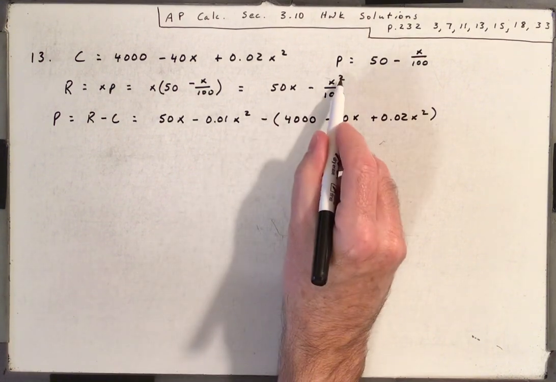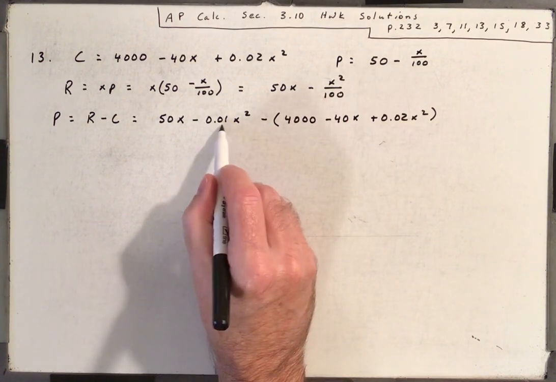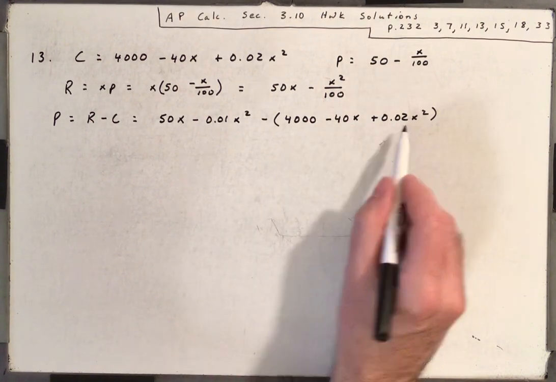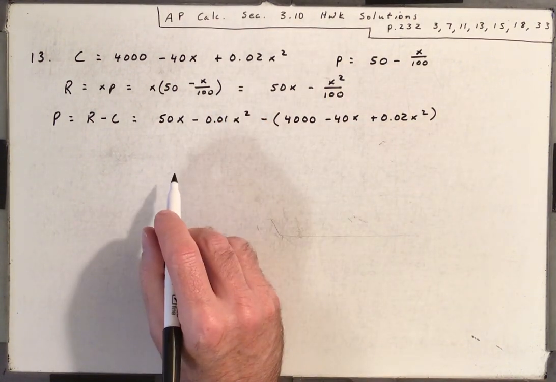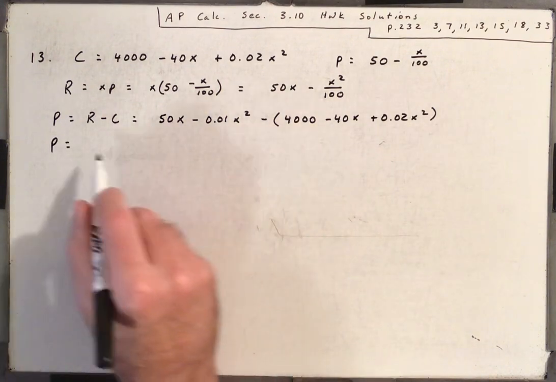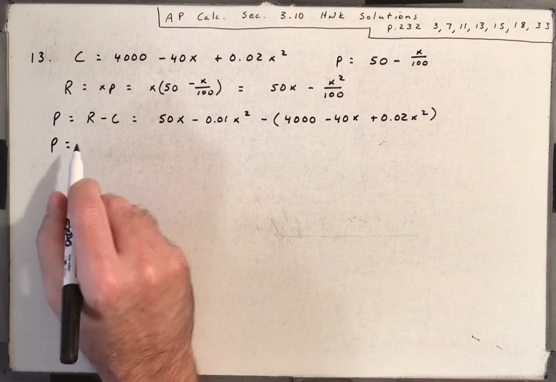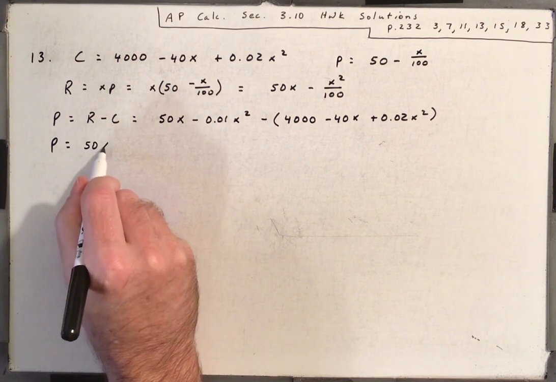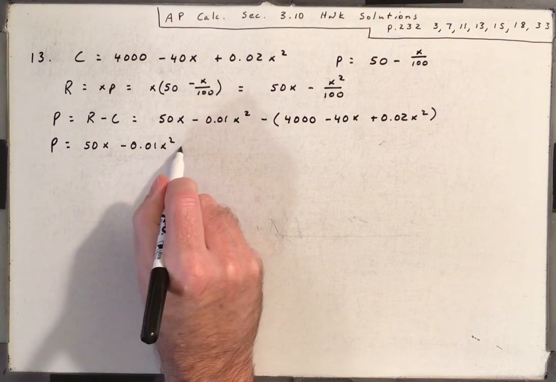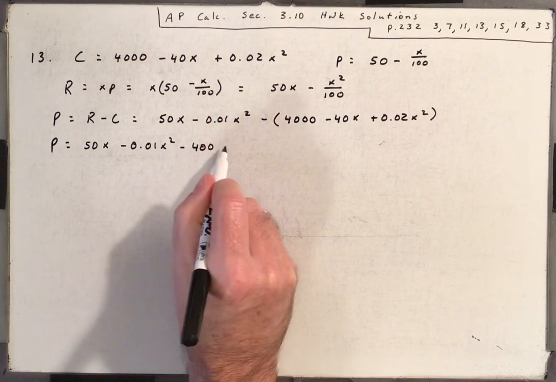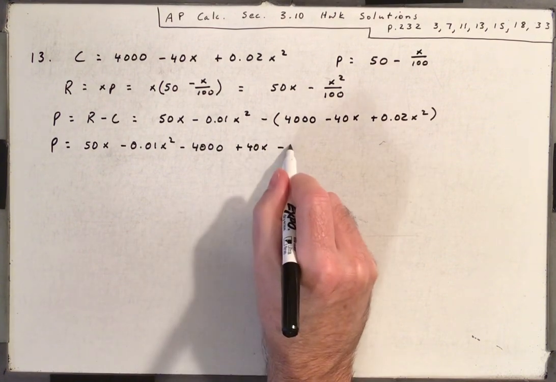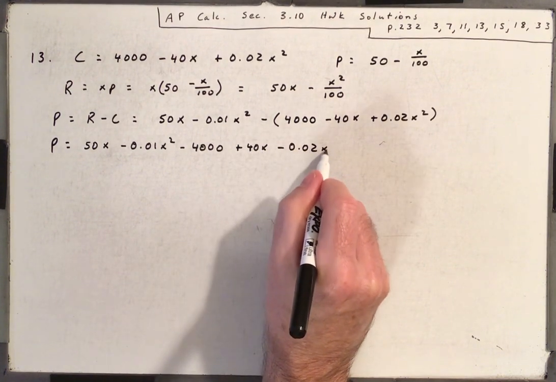All right, again, if you were wondering where I got the 0.01x squared, I just changed this to a decimal since the x squared term is in a decimal in the cost. Okay, let's distribute and combine like terms here. So I would have 50x minus 0.01x squared minus 4,000 plus 40x minus 0.02x squared.